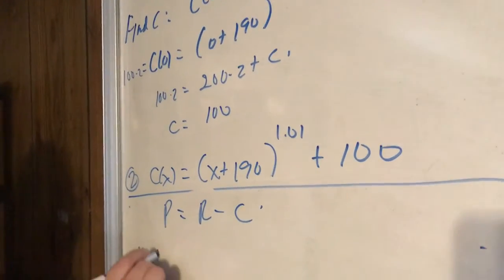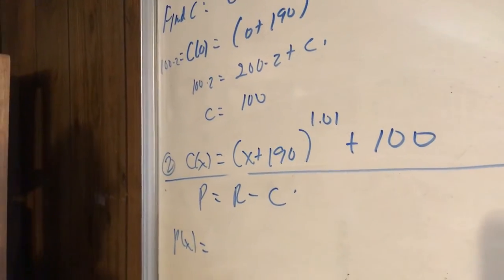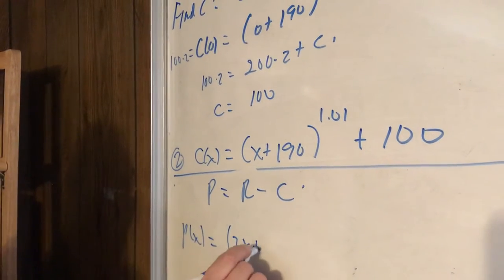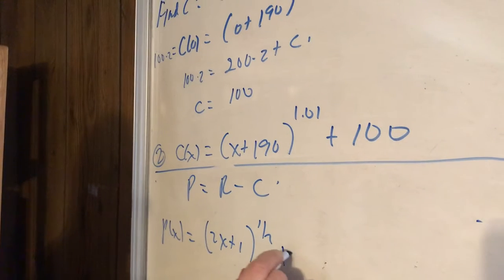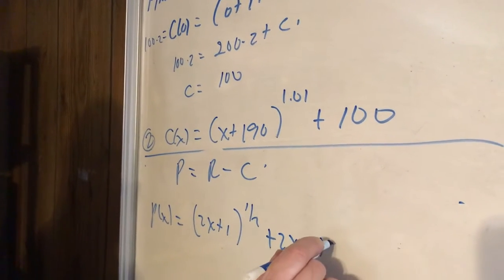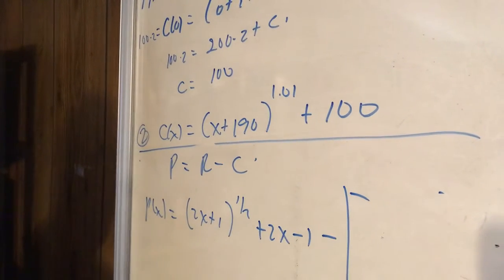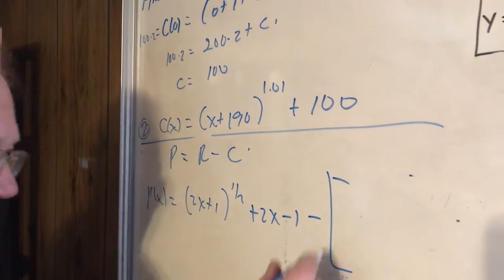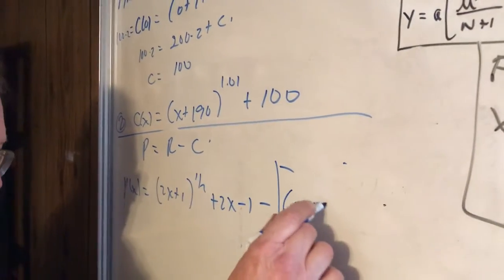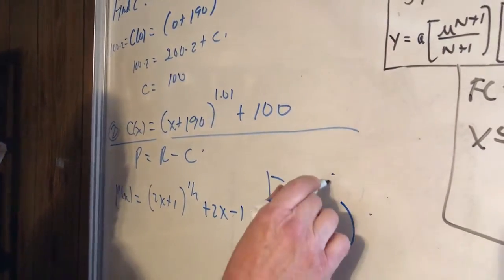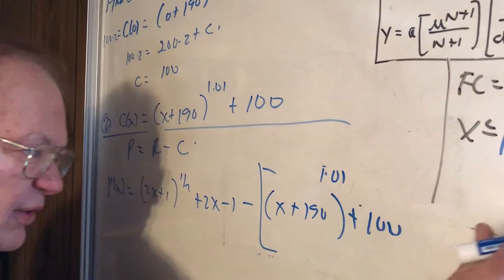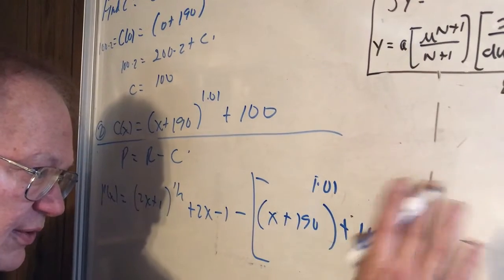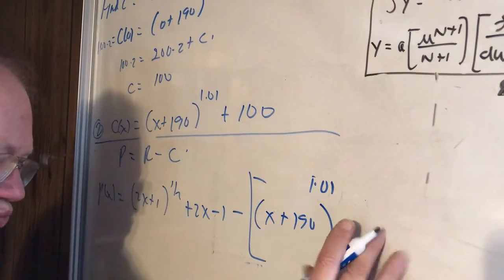Profit of x is going to be revenue, which is (2x plus 1) to the 1/2 plus 2x minus 1, minus costs, (x plus 190) to the 1.01 plus 100.